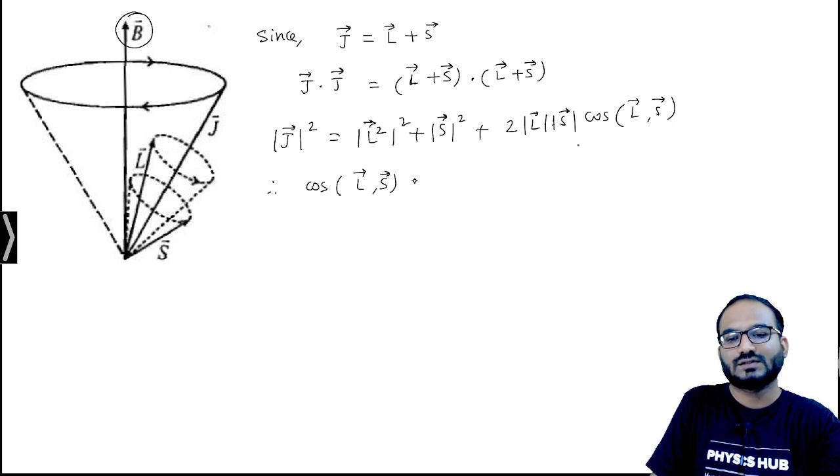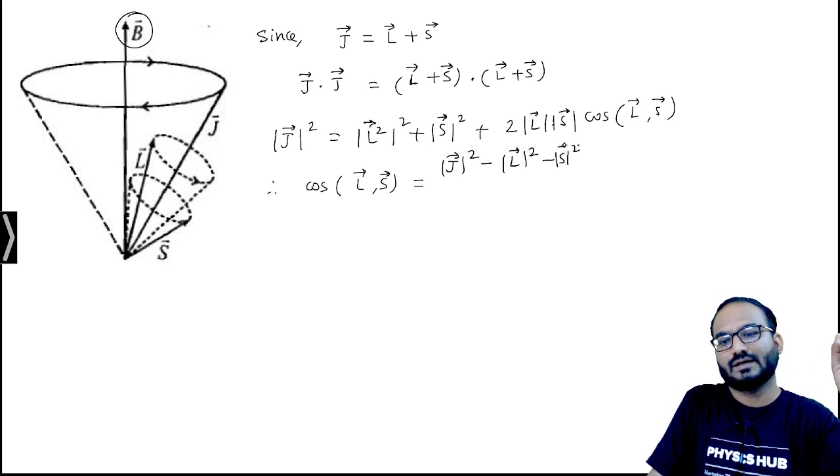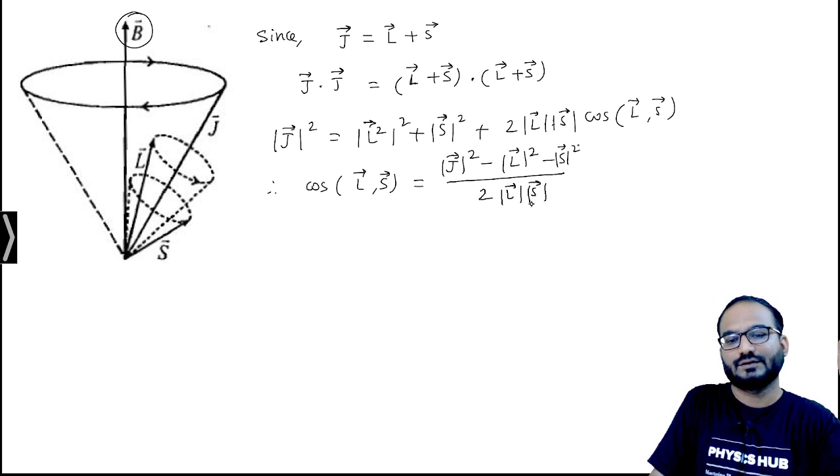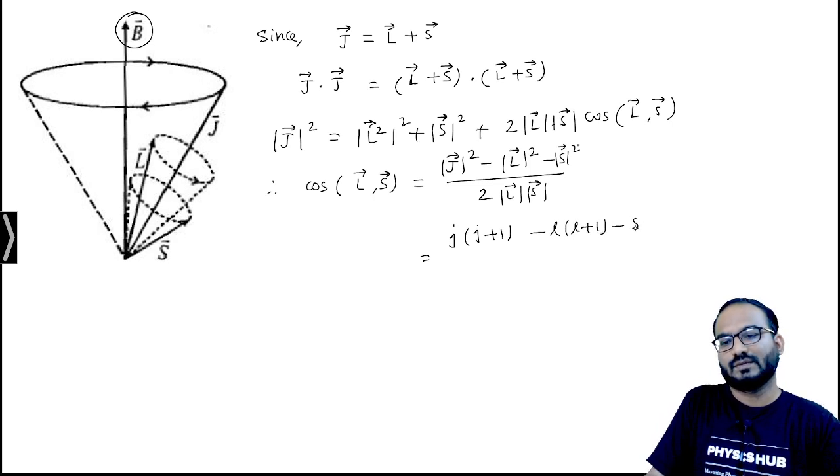Then cos of the angle between L and S becomes J square minus L square minus S square divided by 2 times L into S. Now if you write in terms of the quantum number, we can write it J into J plus 1 into h cut square, minus L into L plus 1 into h cut square, minus S into S plus 1 into h cut square, taken common, and in the denominator you get 2 times root of L into L plus 1 h cut and S into S plus 1 h cut.